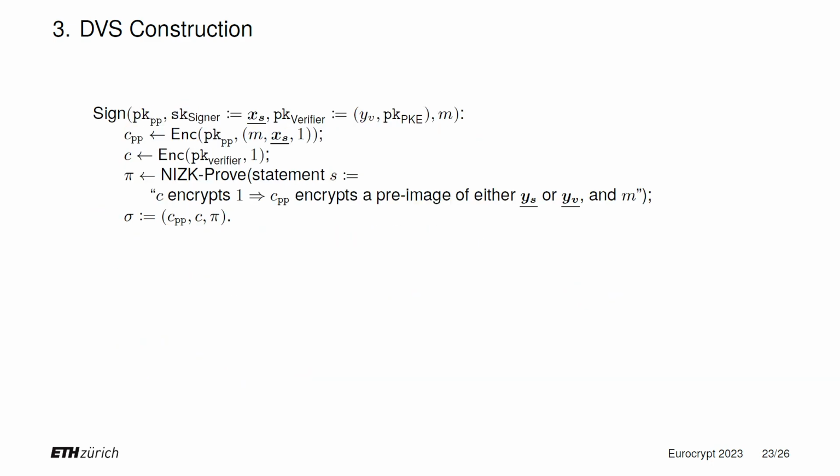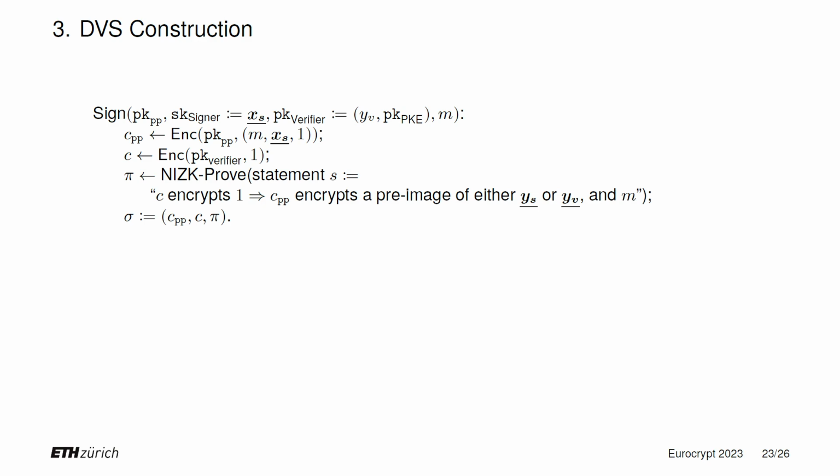How does the signing work? To sign, the signer encrypts its own secret key, the pre-image of its one-way function public key, the message, and a bit one that we'll ignore, under the public parameters' public key.